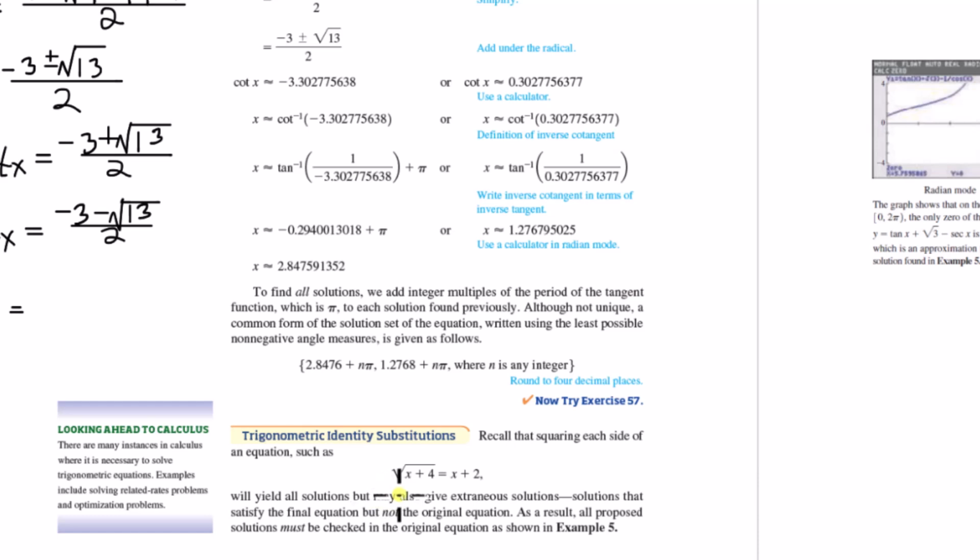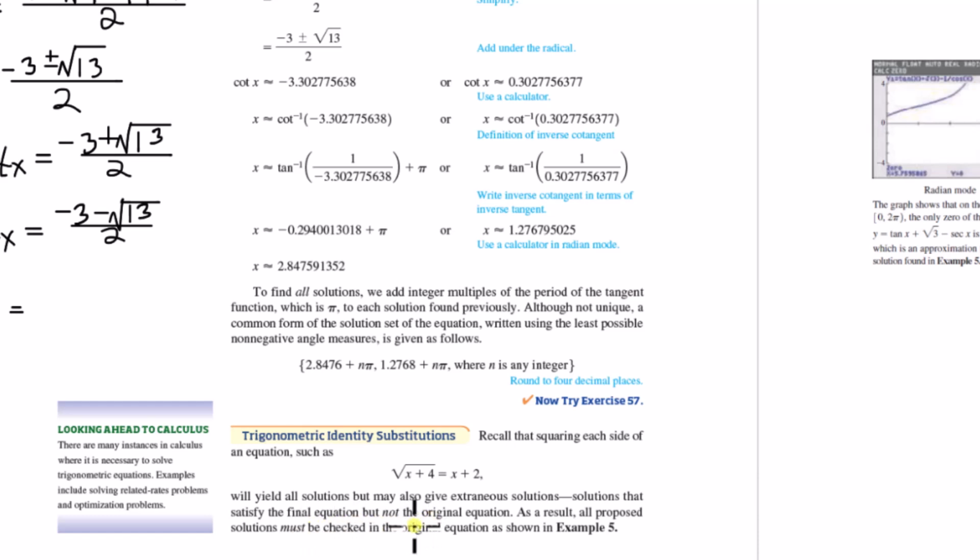Just like with absolute value equations, there could be extraneous solutions, not because you're squaring both sides, but because of the nature of the absolute value. So if you had a trig equation with absolute values in it, you'd have to look for extraneous solutions, potentially. These are solutions that satisfy the final equation, but not the original equation. Exactly. You get these solutions, but when you plug them back into the original equation, it doesn't satisfy it.